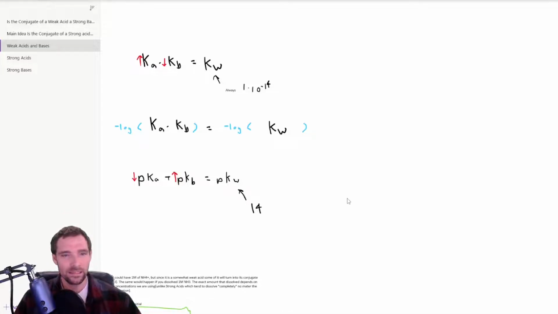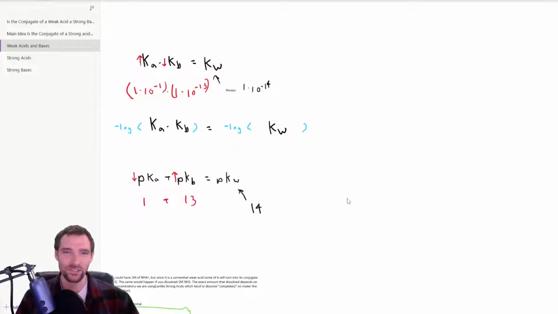If you had a pKa value of 1 and 13, that would be the same thing as 1 times 10 up to the negative 1 and 1 times 10 up to the negative 13 for our Ka and Kb values.